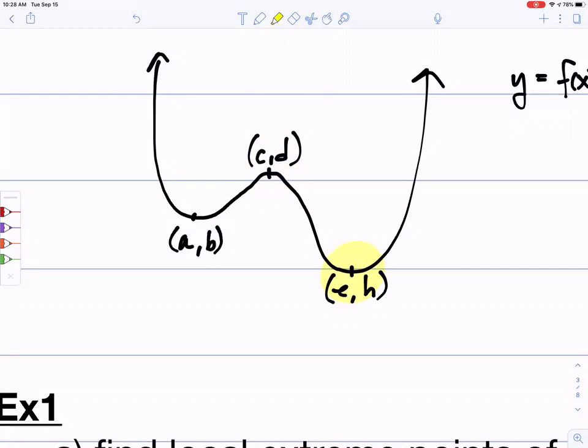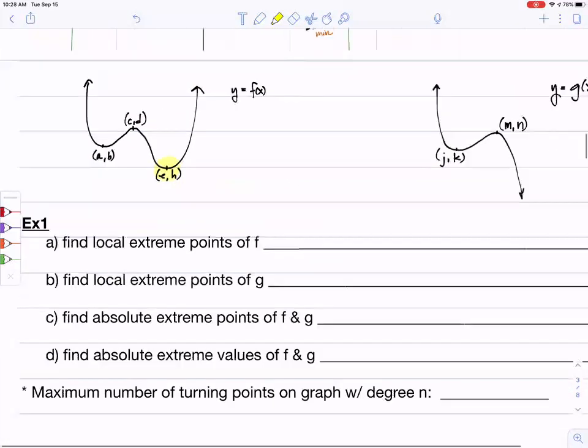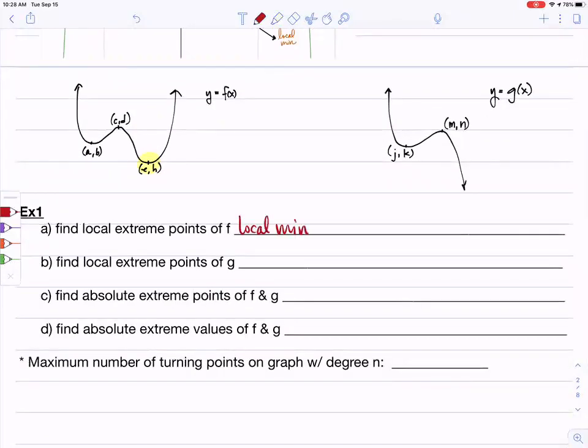Okay, so what we're looking at here, Kenzie, and you guys might not have actually told me which ones are mins and maxes. Local mins at A, B, and EH. And that is not a negative there.